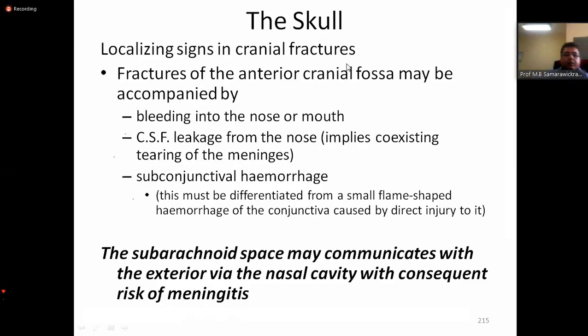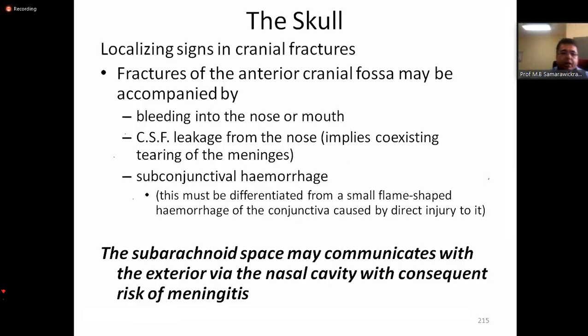Then skull. You have to know the skull fractures, and you should be able to tell the anatomical basis of localizing a fracture to the different cranial fossae. So an anterior cranial fossa fracture can result in bleeding into the nose or mouth due to fracture of the cribriform plate, which is the roof of your nose. And CSF also can leak through the nose, and that implies coexisting tearing of the meninges.